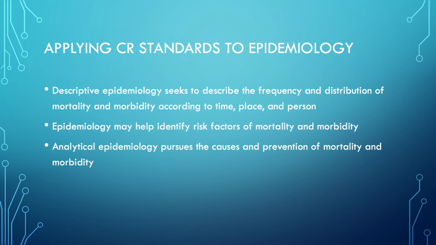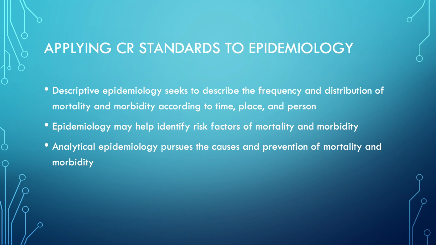We can apply criterion referenced standards to epidemiology in addition to other testing. Epidemiology is the study of how diseases spread and affect populations and how to prevent them. Descriptive epidemiology seeks to describe the frequency and distribution of mortality and morbidity according to time, place, and person.